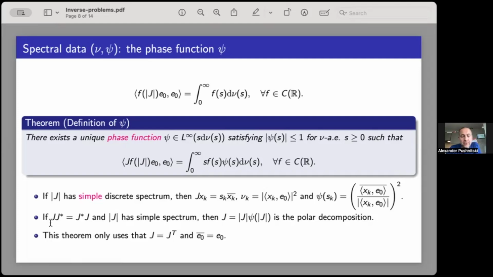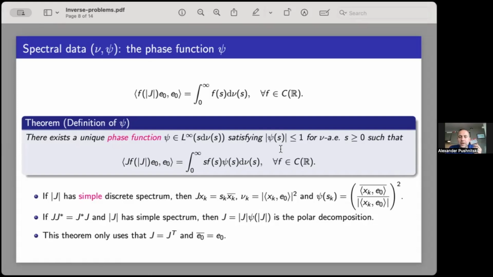So let's look at some other cases. If J happens to satisfy this commutation relation, it is called normal. Such operators in the Hilbert space that commute with the adjoint are called normal. If this happens to be true, it's a very special situation, but imagine this is true, and mod J has simple spectrum, then in fact the polar decomposition of J is precisely what you expect it to be. So there's mod J and this psi function. The psi function is precisely this angle.